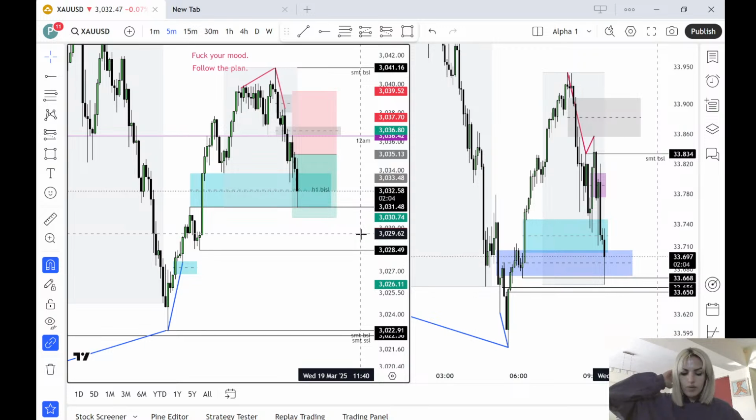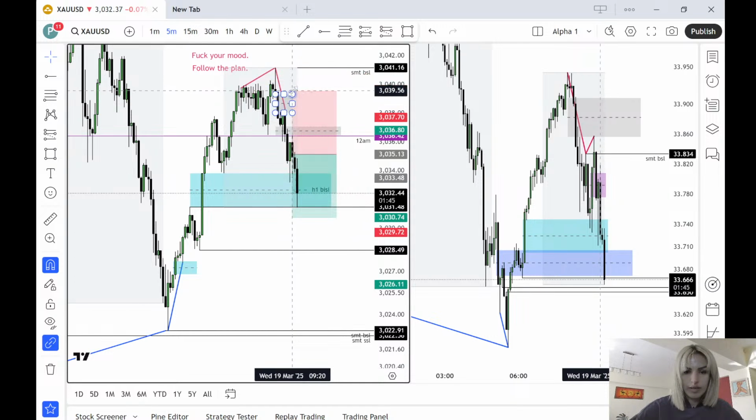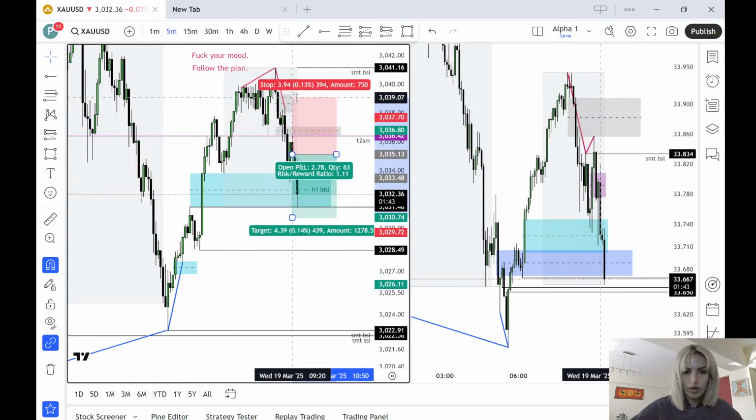All right, made 1% on this trade on my funded account. It's good, and I have another half of my position open. So I've only closed half of my trade right now. I think I'm going to bring my stop loss a little lower.